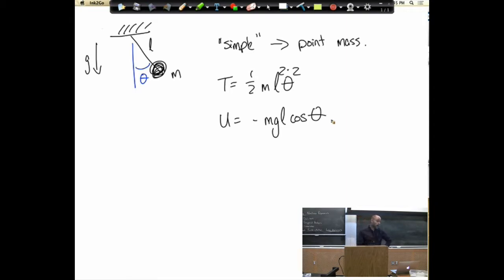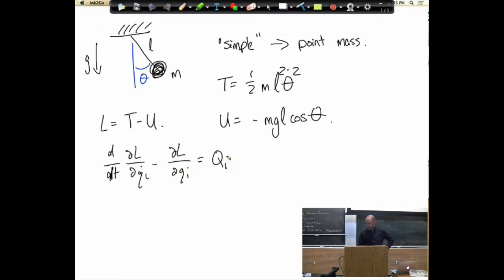And like I did in the appendix, which I don't expect you to be able to do, but I just want you to know that it's easy to do if you want to: if you want to get the equations of motion, the differential equations that describe that system, you can just assemble the Lagrangian, which is T minus U. You can pump it into the Lagrangian differential equation: d/dt partial L partial q dot i minus partial L partial q i equals some general force Q i.